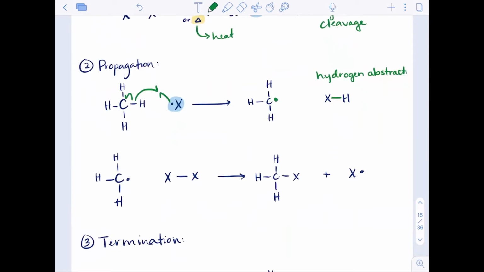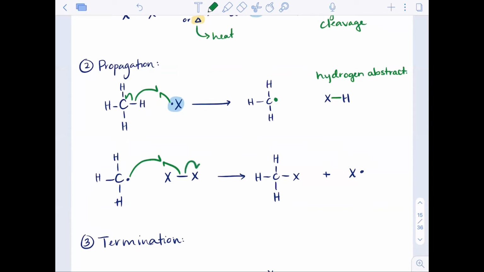Next, we will have a second propagation step to make our second molecule, the actual organic product here, where we have halogen abstraction. The carbon radical will pair up with one of the halogens in a second equivalent of X2.